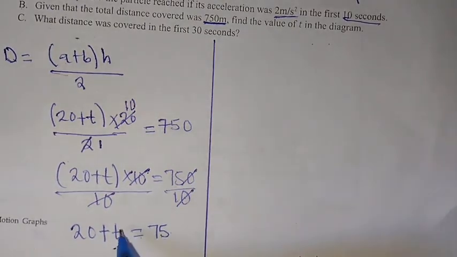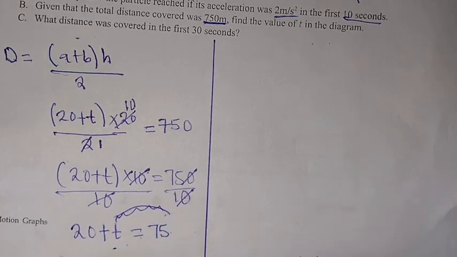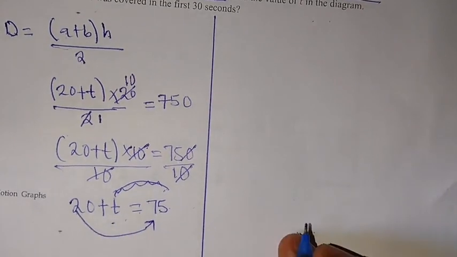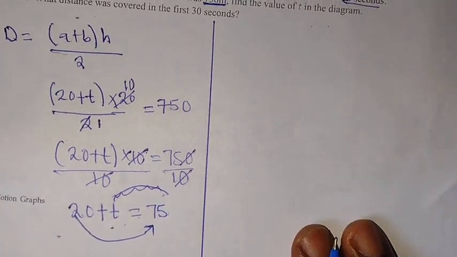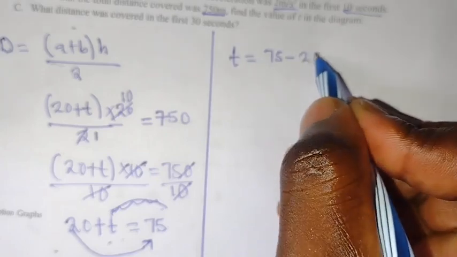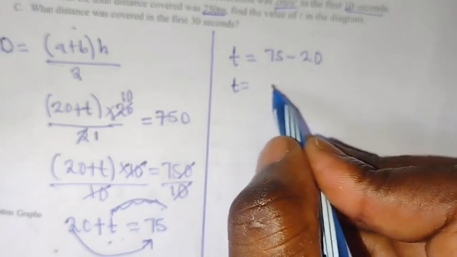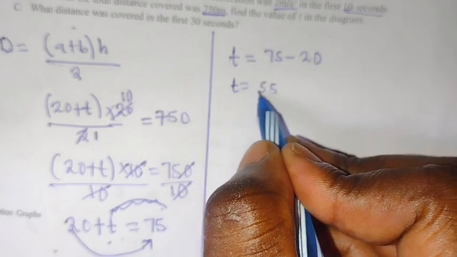Now from here, this T, we correct the right terms, meaning that this 20 will go where 75 is, because the 20 and the 75 are the like terms. So we are going to write 20. So T equal to, 5 minus 0, it's a 5. 7 minus 2, it's a 5.